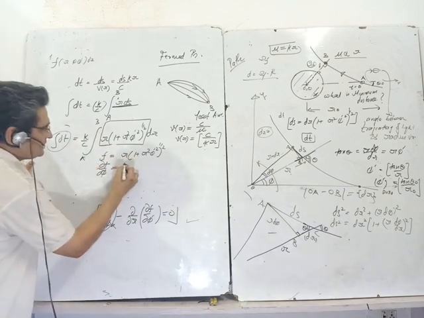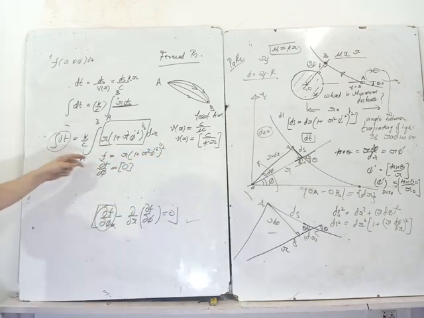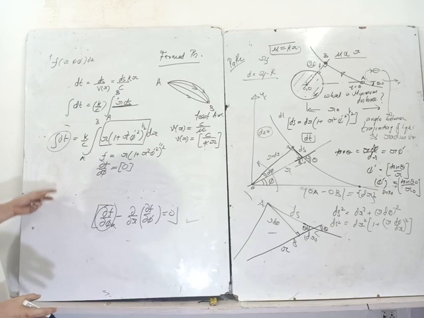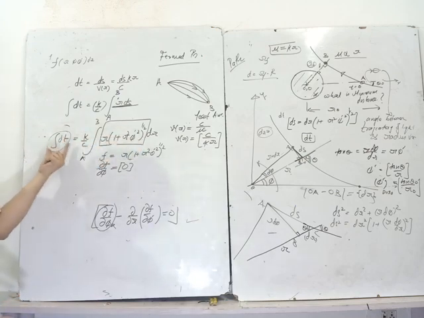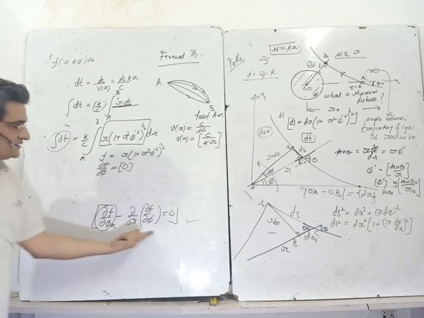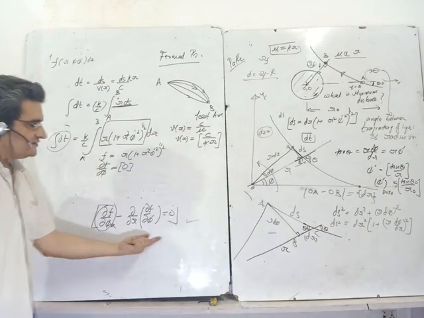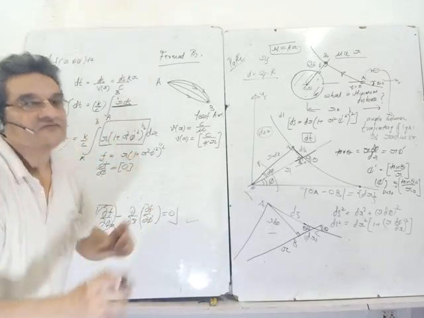Will be 0 because phi is missing here. That is the beauty, that is the advantage of using it, because it completely simplifies. I am not getting the result of time. I am using this to get a differential equation. This needs to be satisfied, and once this is satisfied, I will get one interesting function.